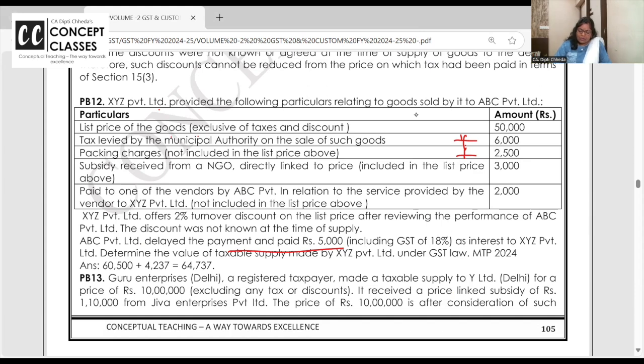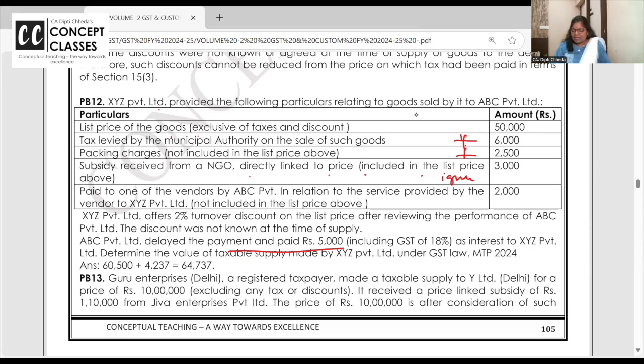So subsidy received from the NGO directly linked to the price is already included. If it is a private subsidy, we have to add, but it is already included. So just ignore it.